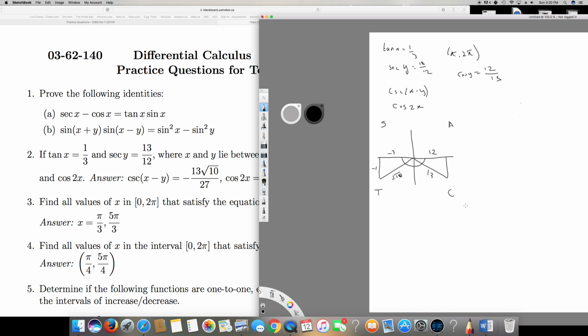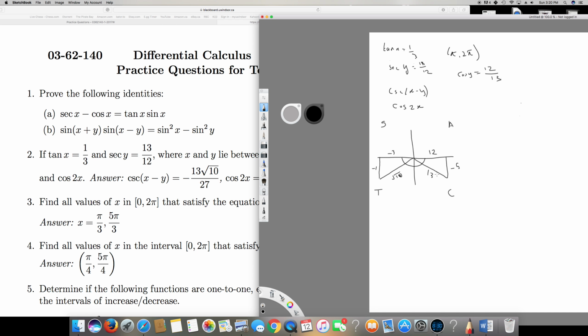From this information I can find the opposite value by simply doing 13 square minus 12 square. So 13 square is 169, 12 square is 144, so 169 minus 144 is 25. Root 25 is going to be 5. And since this y is in the negative y-axis, it's going to be negative 5.